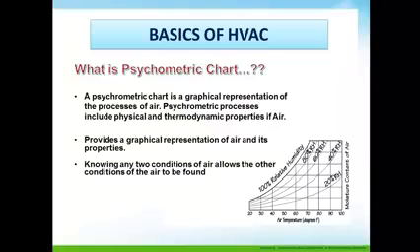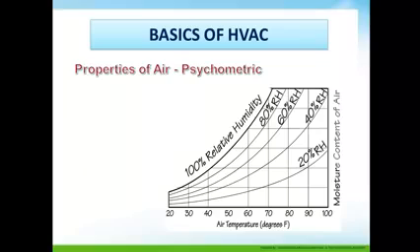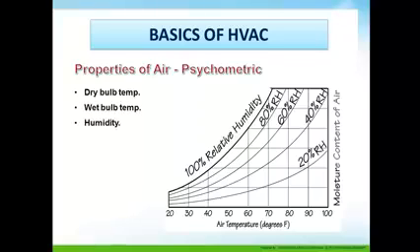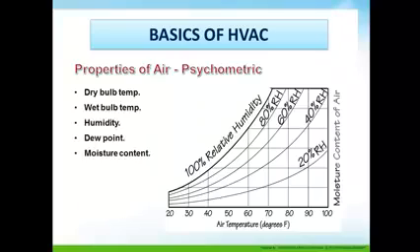Knowing any two conditions of the air allows the other conditions to be found. Properties of air: dry bulb, wet bulb, humidity, dew point, moisture content, heating, cooling.